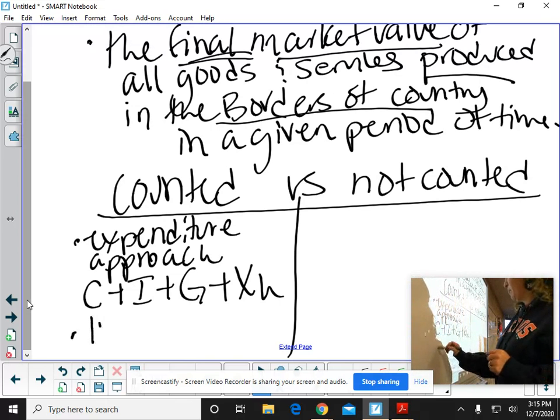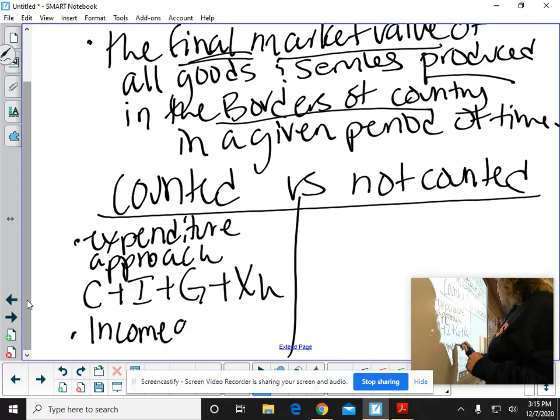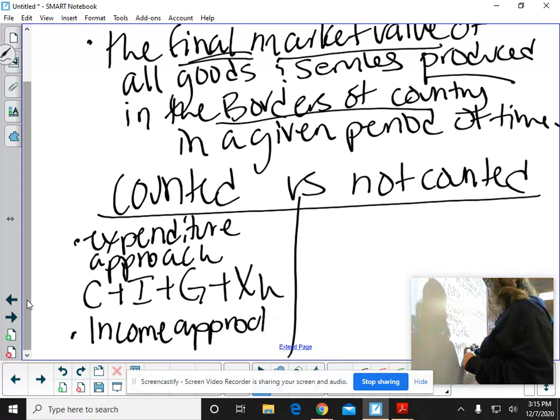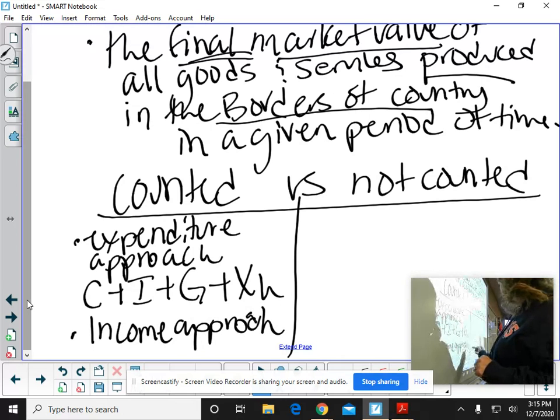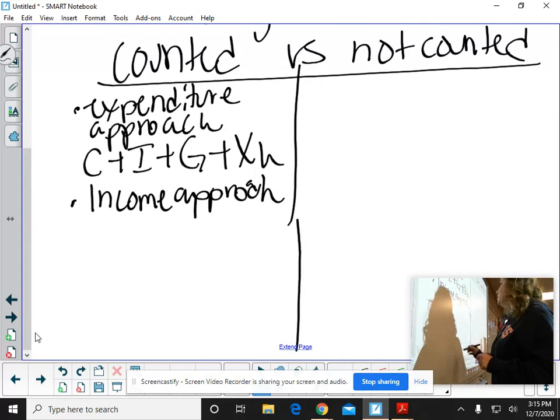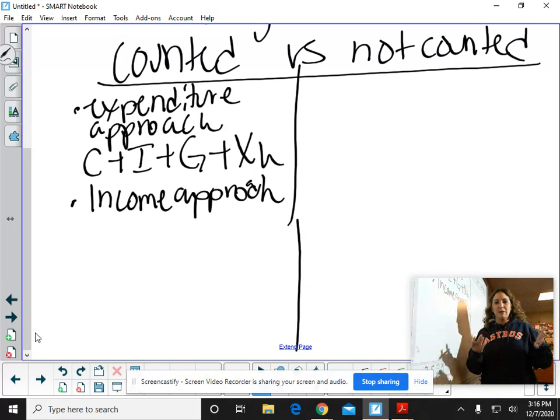There's also the income approach. The income approach is adding up everyone's incomes. So remember, not only can you add up spending, but you can also add up everyone's income. People earn income in different ways, depending on what type of resource they're selling.